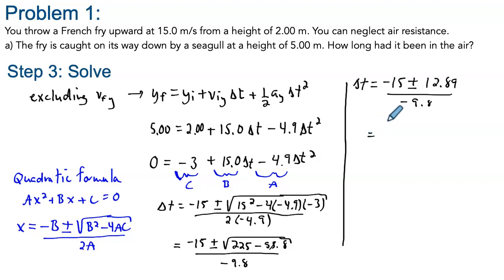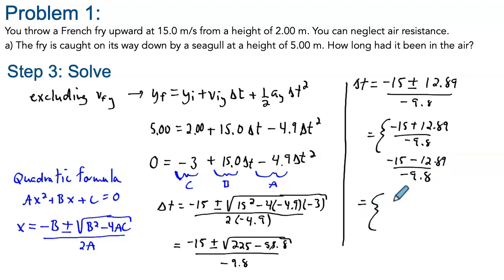So the first one will be using the positive sign, so minus 15 plus 12.89 divided by minus 9.8. And the second one will be minus 15 minus 12.89 divided by minus 9.8. And once you do all of that, you get two possibilities. The first one is that delta t is equal to 0.1215 seconds, and the second one is that it's 2.85 seconds.